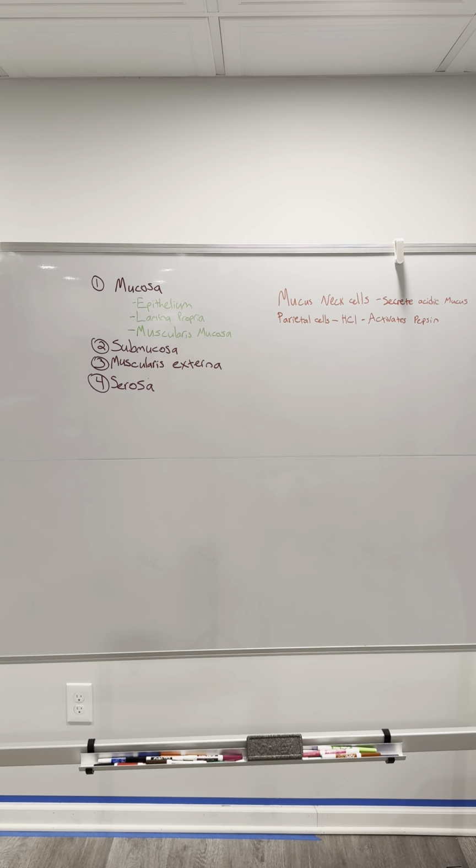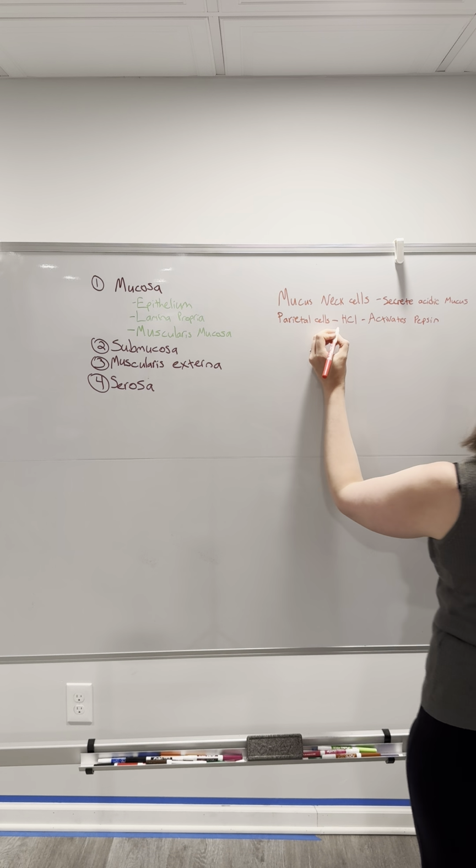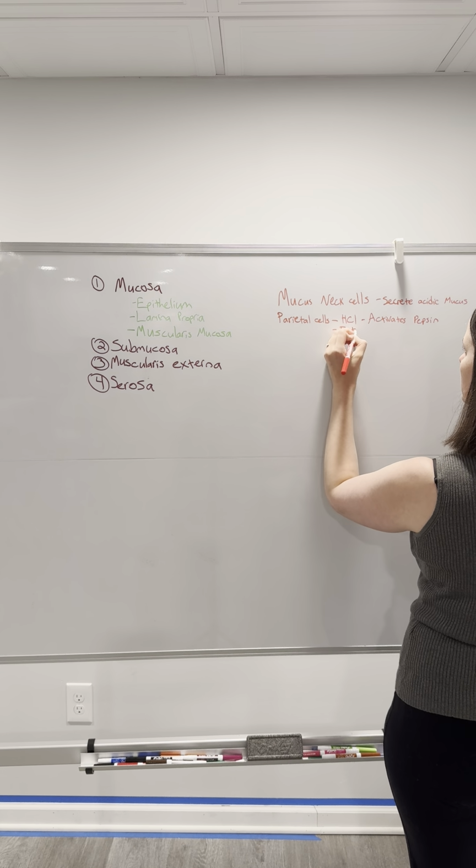It also helps to break down plant cell walls and helps to kill bacteria. Parietal cells also secrete intrinsic factor, which is used in the absorption of vitamin B12 when it gets down to the small intestine.